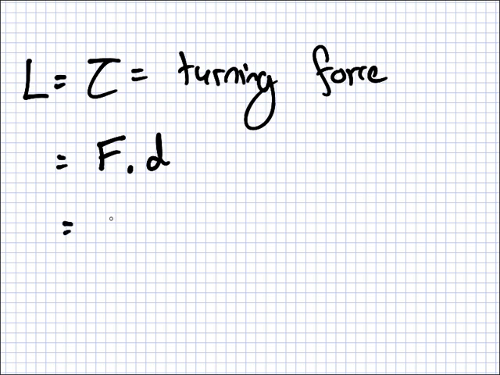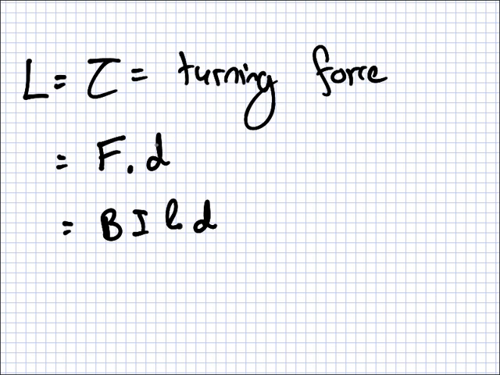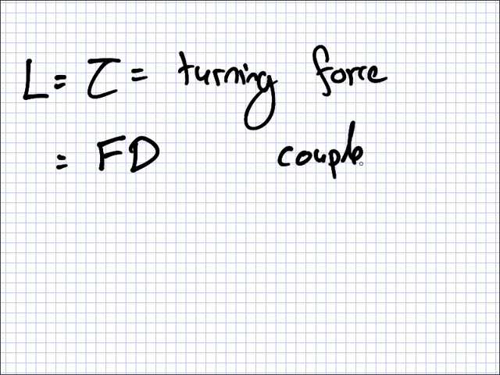Now the force here, we know the formula. It's BIL times distance. Now, look at this part, LD. This is the L, and this is the D. Oh, by the way, to be clearer, it's FD because it's a couple. BILD.